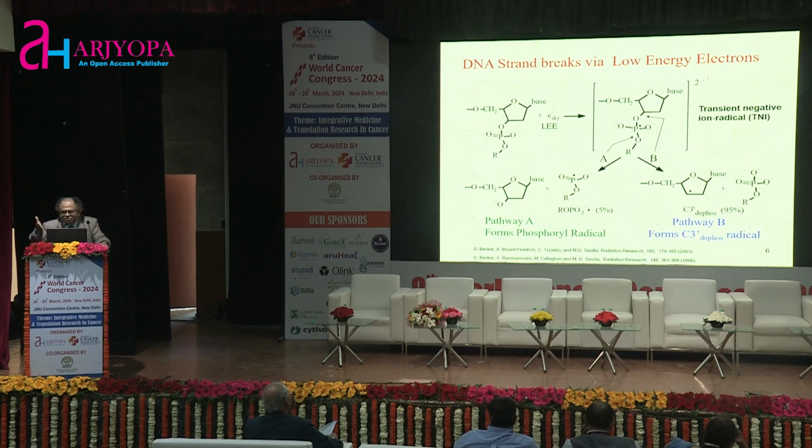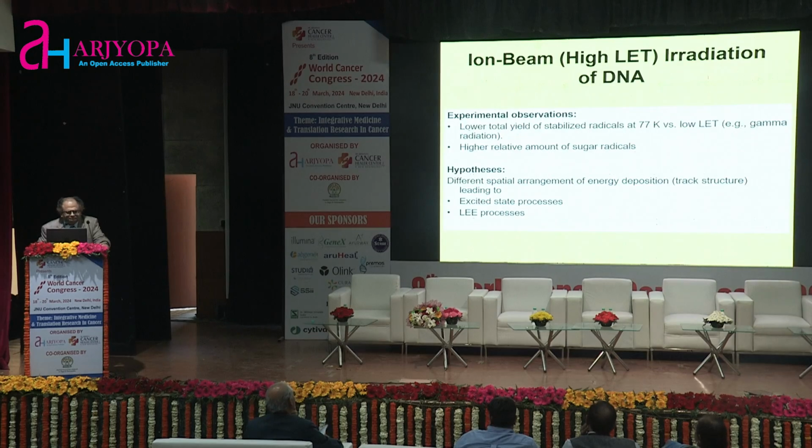That means the sugar phosphate bond is already broken, which is a strand break, and at the same time it forms a radical site in the sugar moiety. That means one event is leading to two different types of damage, which in the terms of biochemistry we call the formation of a clustered lesion. So this particular pathway is very important.